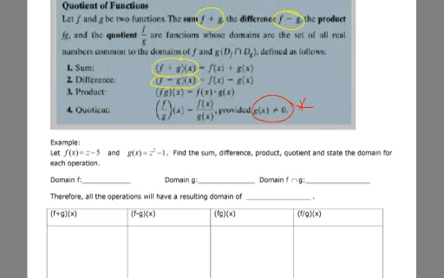The domain of the result has to be true to the domain of each one individually. The way we're going to find the domain of the result is to find the domain of f by itself, the domain of g by itself, and then find the intersection of those two domains. That will always be the domain of your result.